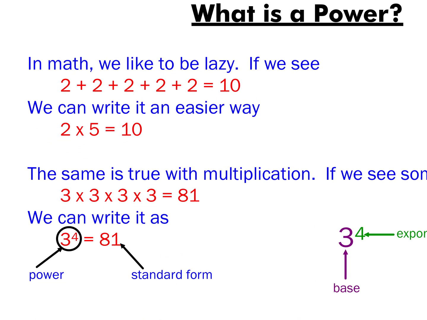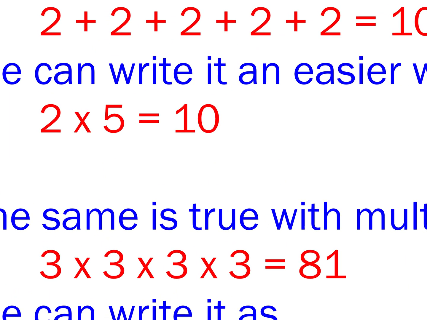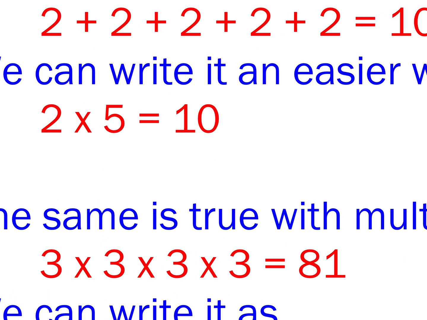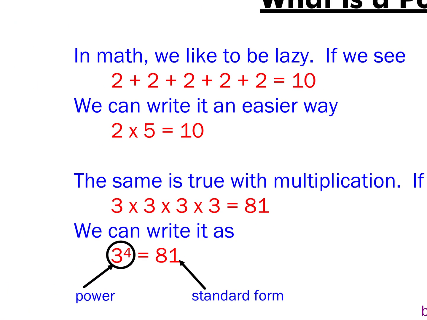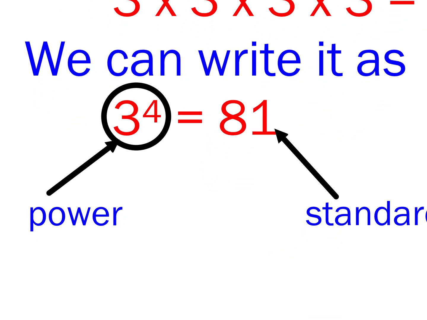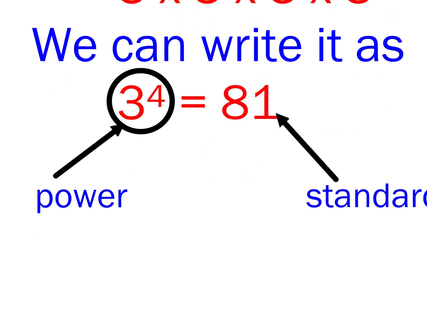Well, there's a short form for repeated multiplication. Instead of writing 3 times 3 times 3 times 3 is 81, we can use powers. So here, the 3 is repeating. So that is our base.